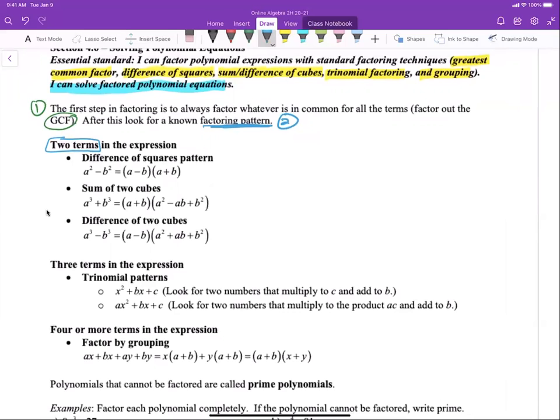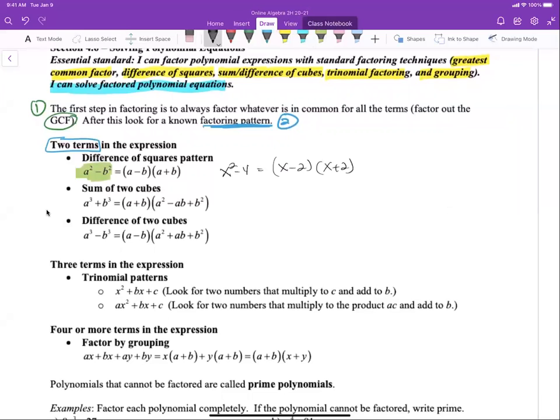You've seen this before. If I have two numbers that are subtracted from one another and they're squared, then they factor into a minus b times a plus b. An example of that would be x squared minus 4. That factors into x minus 2 times x plus 2. You have worked with those, you should know those.